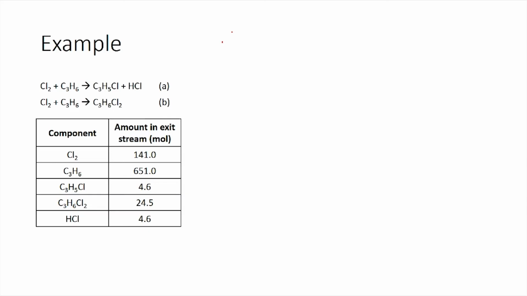We have been asked to calculate the selectivity of C3H5Cl relative to C3H6Cl2, indicating that C3H5Cl is probably the desired product. So, we will calculate this selectivity as C3H5Cl which is formed to C3H6Cl2 that has been formed.